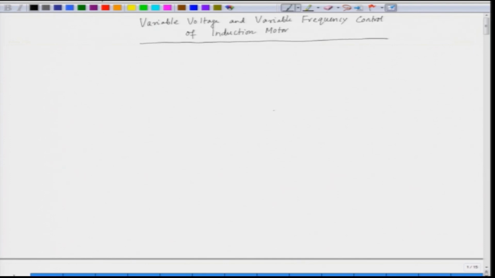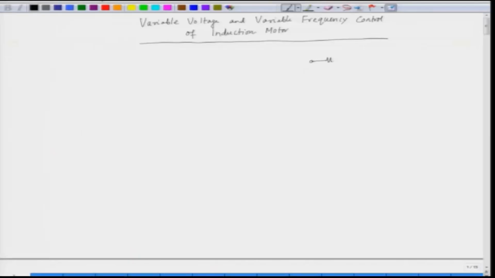Now, what we have is variable voltage and variable frequency control. The steady state equivalent circuit that we have already seen is still applicable here. So, we can draw the equivalent circuit of an induction motor. We start with the stator resistance, the stator leakage inductance, the rotor leakage inductance and the rotor resistance.